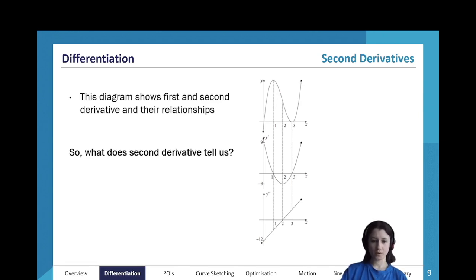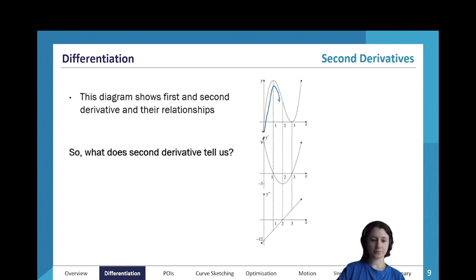So, although the gradient here is positive, it's getting less and less positive. For this whole part, the gradient is decreasing. It's going down.